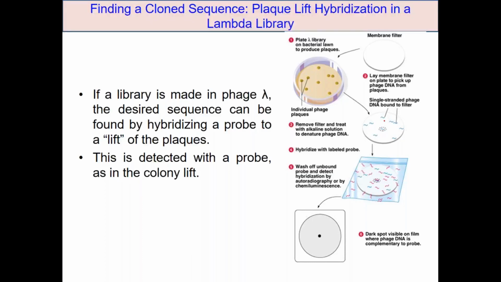After lysis, all the single stranded negatively charged DNA will be released, and then it will be hybridized. So now I can add the radioactive label probe, and then I can take the corresponding bacteriophage that contains my gene of interest.